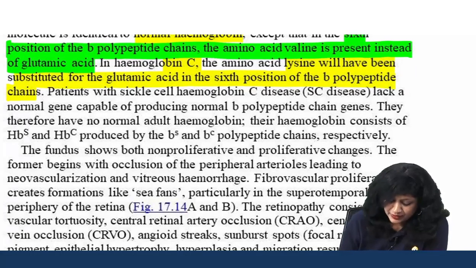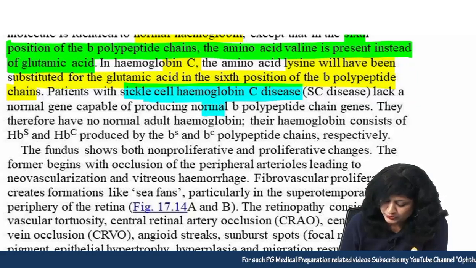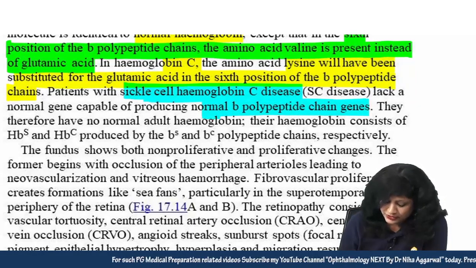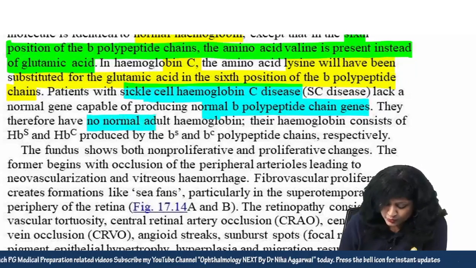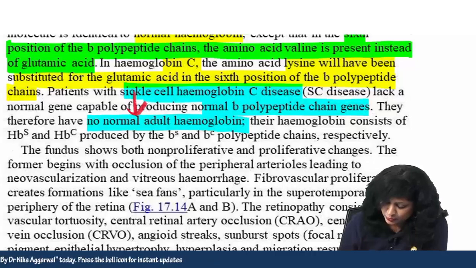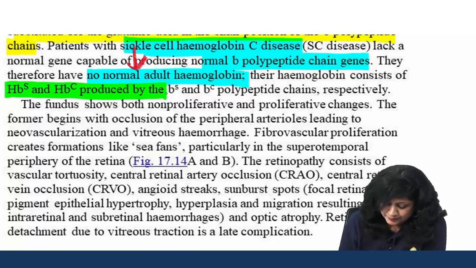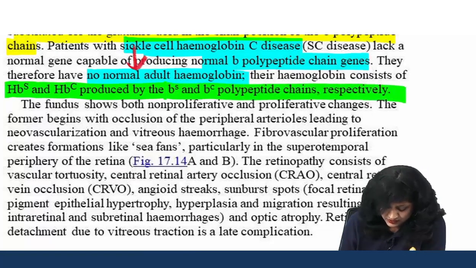And in sickle cell hemoglobin C disease, the patient lacks a normal gene capable of producing the normal beta polypeptide chain, and therefore has no normal adult hemoglobin. Their hemoglobin consists of hemoglobin S and C, produced by beta S and beta C polypeptide chains respectively.